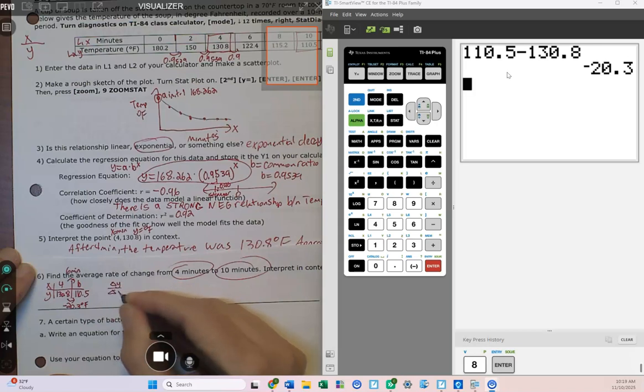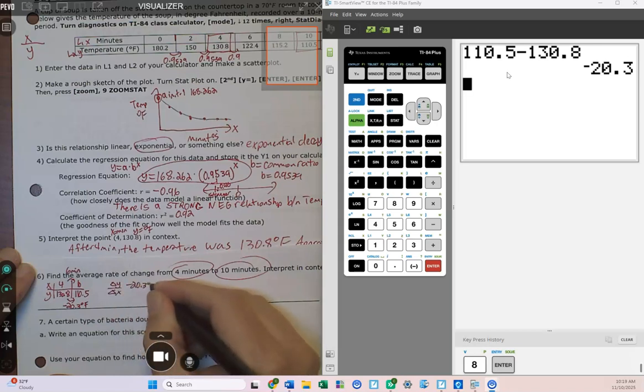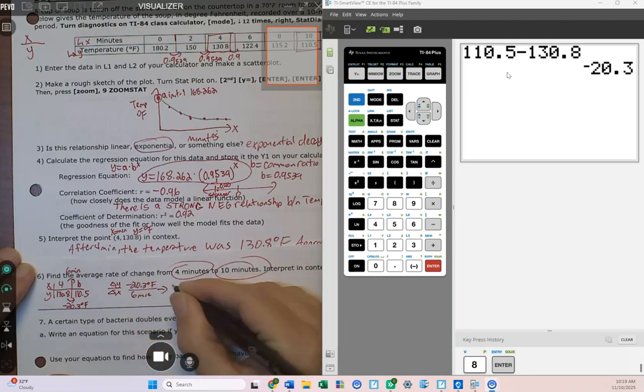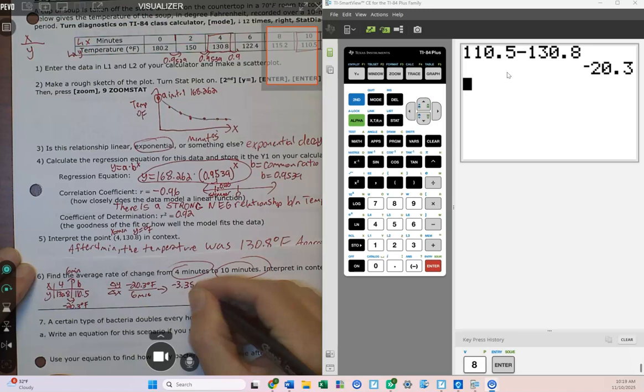So change in Y over X, which is -3.38, respectfully.